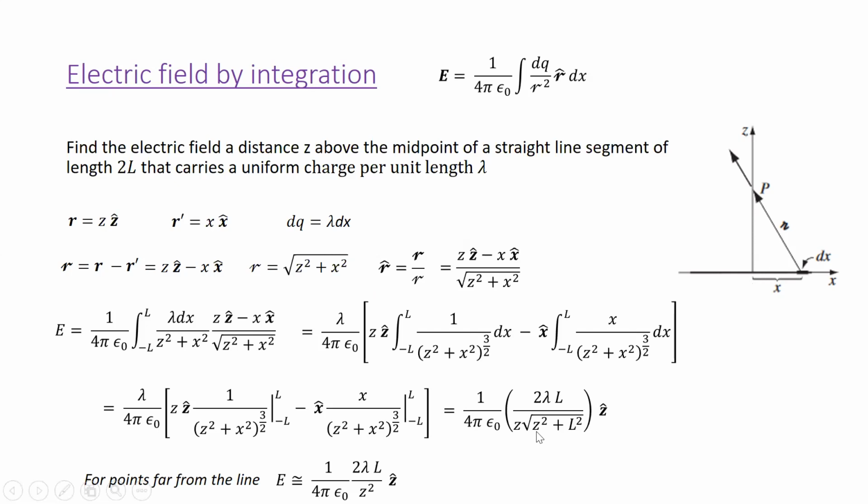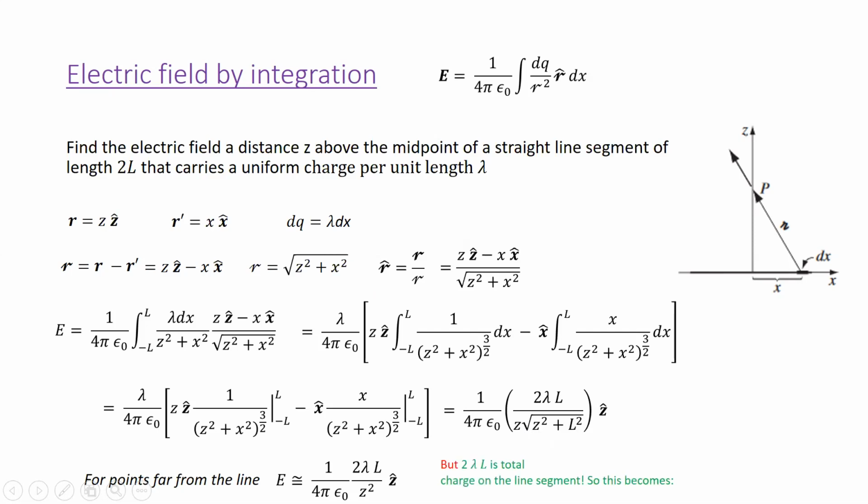Notice if we're far from the line, far from the x-axis, then the z coordinate is going to be much, much bigger than L. And if z is bigger than L, then we can neglect this L squared term compared to z squared. And so we have just the square root of z squared, which becomes z, times z, and we get 1 over 4 pi epsilon naught, 2 lambda L over z squared, z hat.